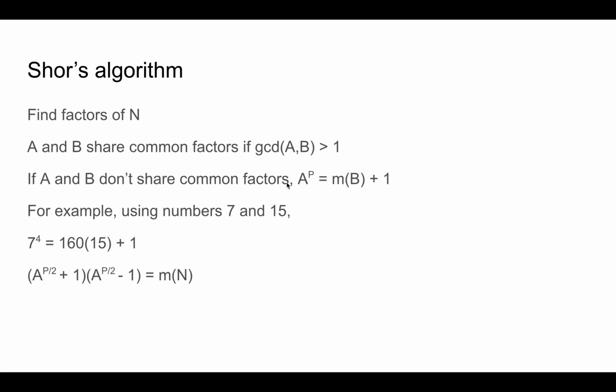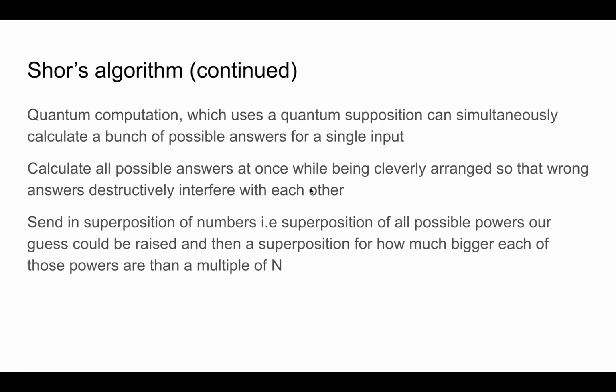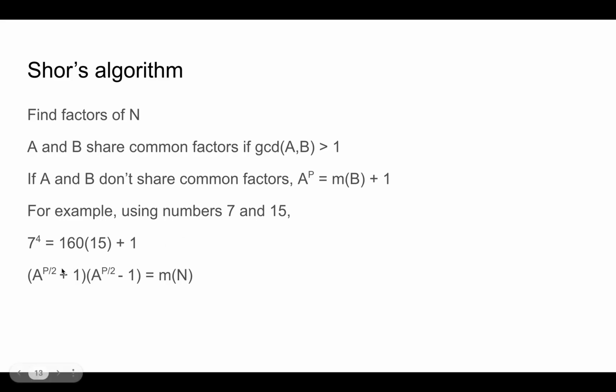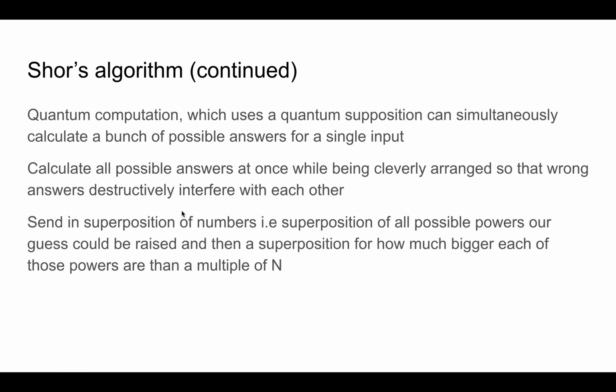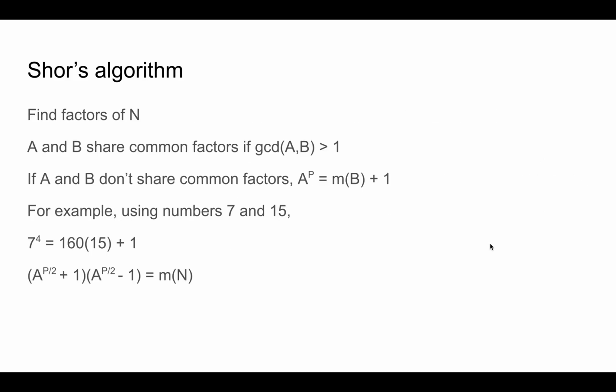So we send in the superposition of all possible powers that the guess could be raised to, which in this case is the p value, and then we also send in a superposition of how much bigger each of these powers are than a multiple of n, because we just want it to be 1 greater in the end.